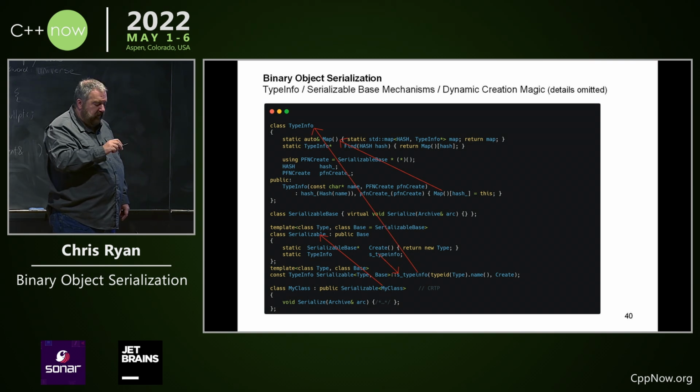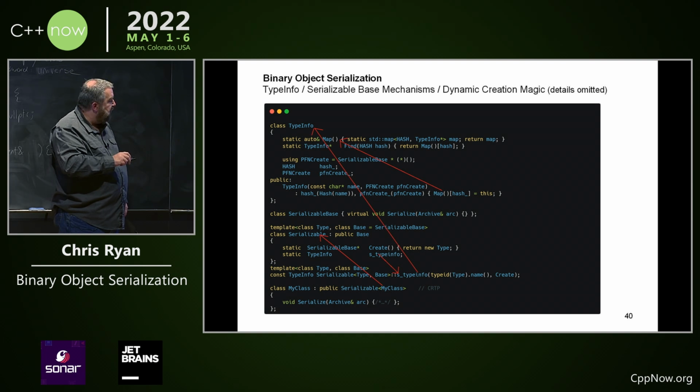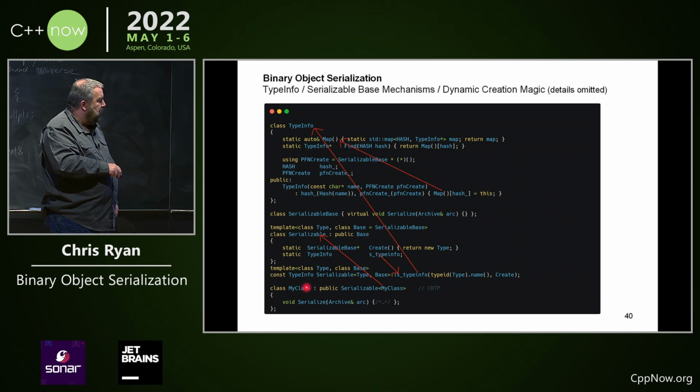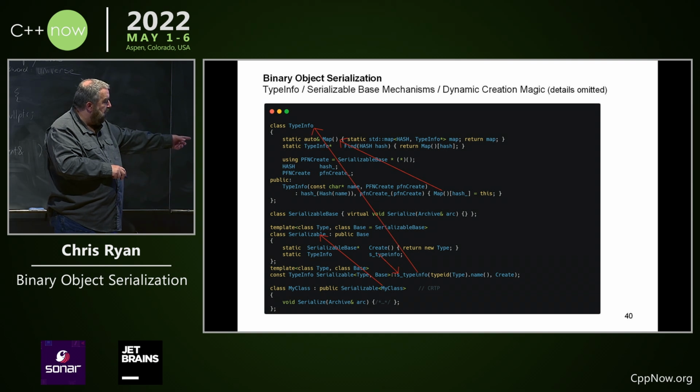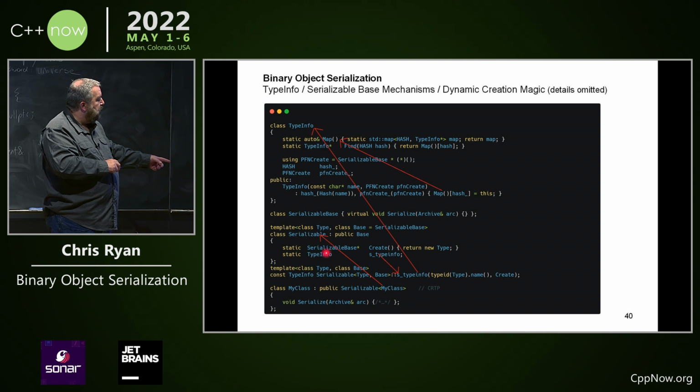If we have multiple layers of inheritance, and I don't think I have a slide for this, but if I have my derived, and I do a public serializable my derived, comma, its base class, which would be potentially my class, there would be another layer of the CRTP between my class and my derived, which would also have the create function for the my derived.